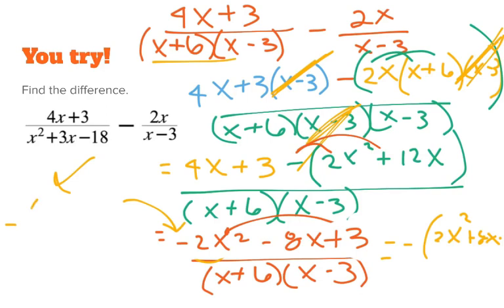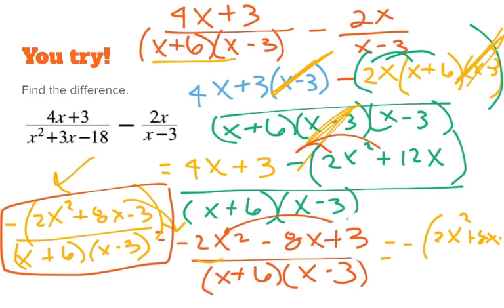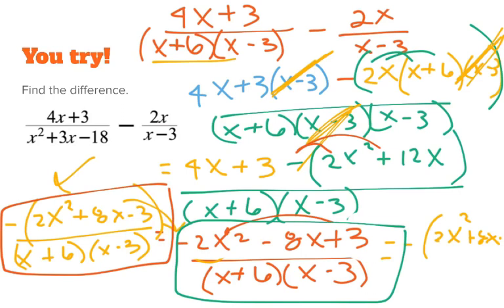So again, if I factored out the negative, it'd be positive 2x squared, positive 8x, and then minus 3. That is a more normal form to leave it because we always like to have our leading coefficient be positive. And that changed nothing with the denominator. The only thing I did is take out the negative from the top, and this is my final answer. It's not like this one here was wrong. It's just more preferred to write it like this with the negative taken out.